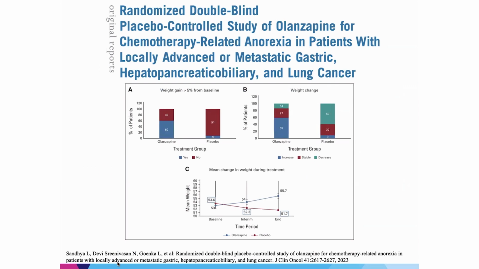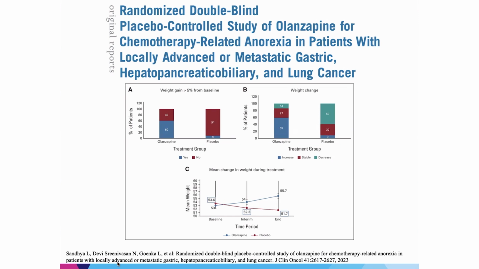And then a few years ago, we had this study which looked at the use of olanzapine, 2.5 milligrams, for patients getting treatment and had chemotherapy-related anorexia. It's important that, again, this is a different population of cancer patients than a patient that's nearing the end of their life and has anorexia and cachexia as a result of that. So those were not patients that were included in this study.